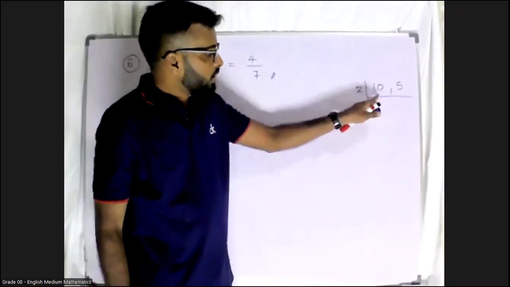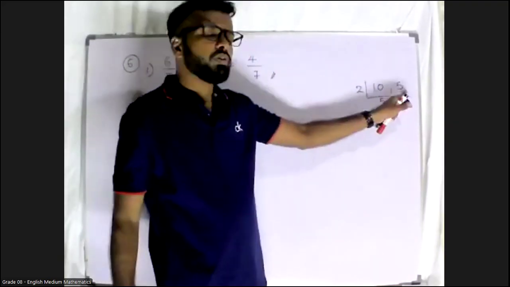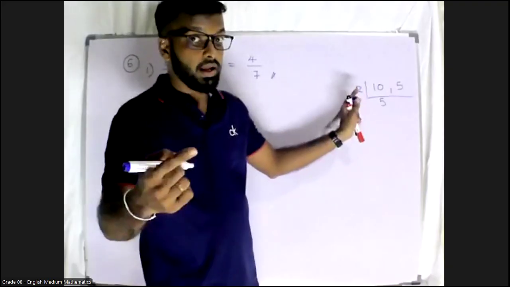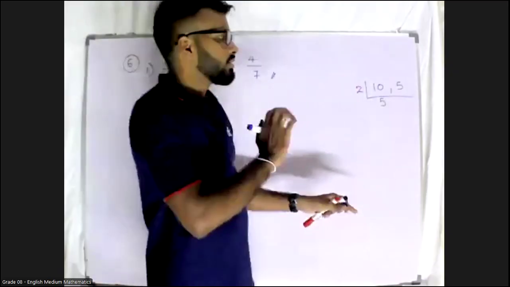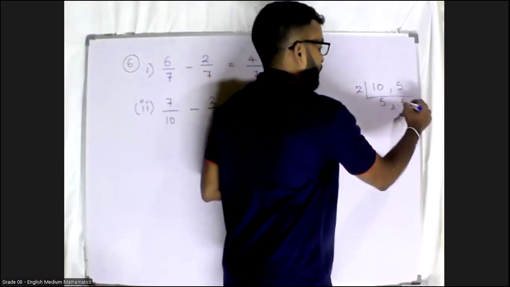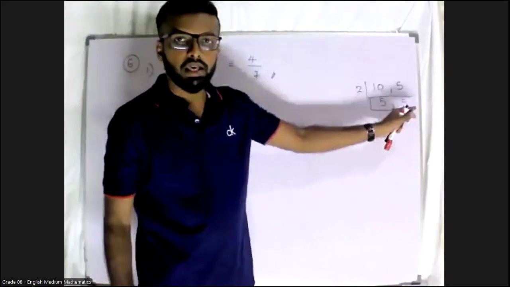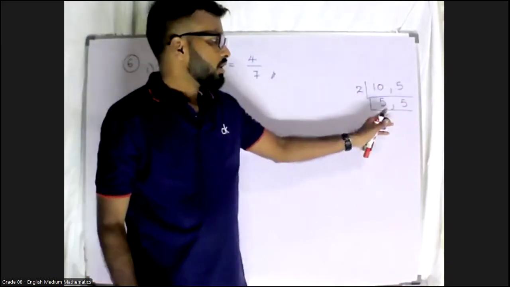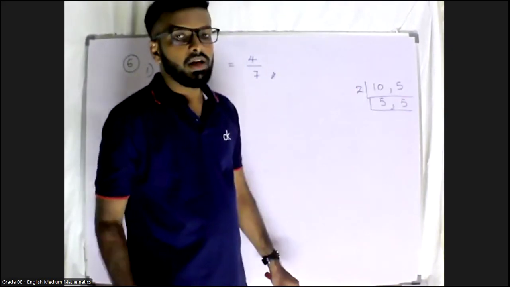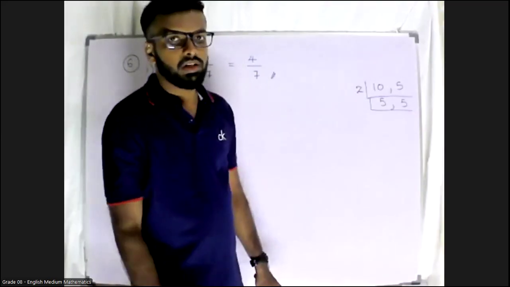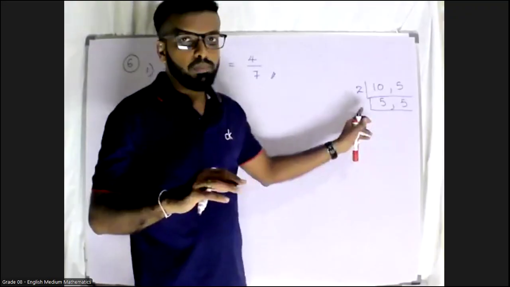So 10 can be divided by 2, which is 5. And 5 cannot be divided by 2 without any remainder, so you have to rewrite it the same. Now you have 5 in both places. There is no other number that you can divide by other than 5. There is the number 1, but it cannot be used.